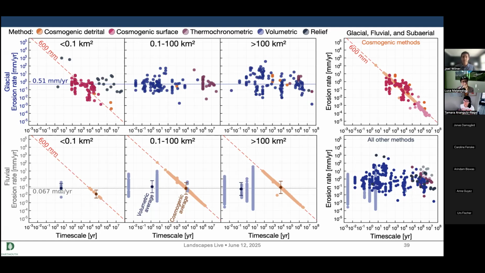Okay. And so my follow-up question is, we have this visible Sadler effect in both the small scale catchment and the cosmogenic method. I think you covered part of that answer, but it would be good to hear it again.